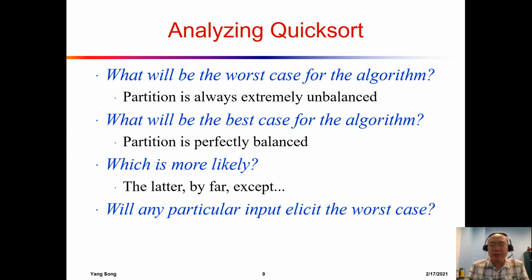But there is one exception, and the exception is if we already have a pre-sorted list. What is going to happen? Think about that. If we have already sorted a list from low to high, what will be the first pivot?